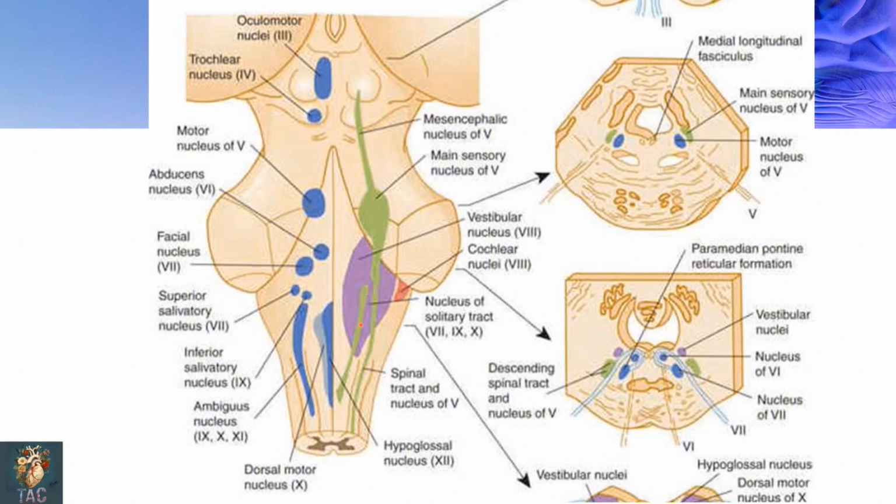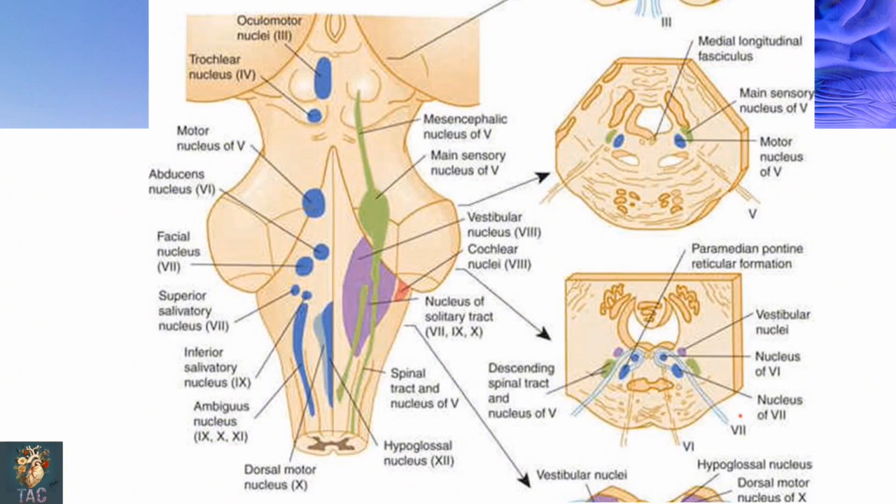This is the nucleus of the tractus solitarius, and this one is the main sensory nucleus, the mesencephalic, and the spinal part of the trigeminal nerve nucleus. And in purple color you can see the vestibular nuclear complex, and here you can see the cochlear nuclear complex.